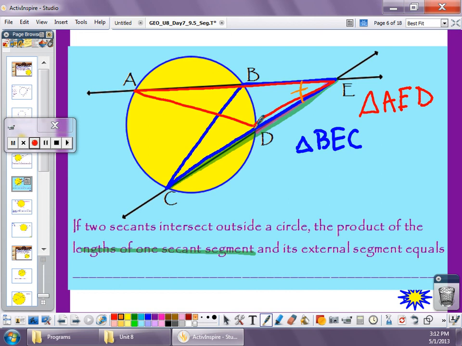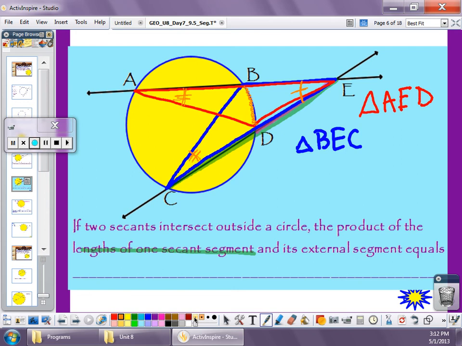Think about it. Well, they're congruent because they share the same arc right here. BAC, that's the arc between the angle, and BDC is the same arc between the angle. So I know that this angle is congruent to this angle. They have the same intercepted arc. Therefore, I know my triangles are similar.